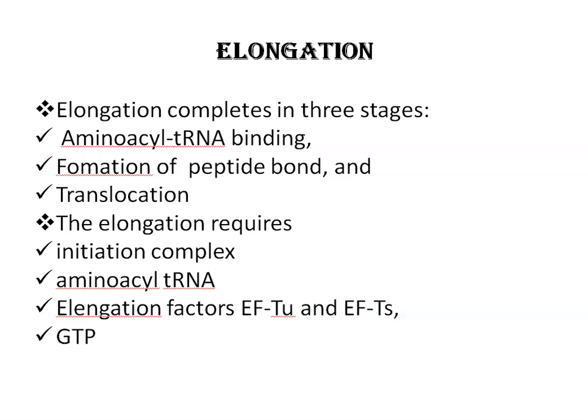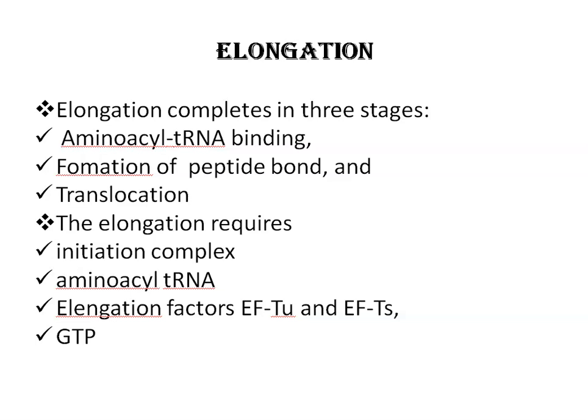Then translocation, the last step of the elongation cycle, in which the ribosome moves along the mRNA one codon at a time toward the 3' end, and this forward movement in the 5' to 3' direction is called translocation.